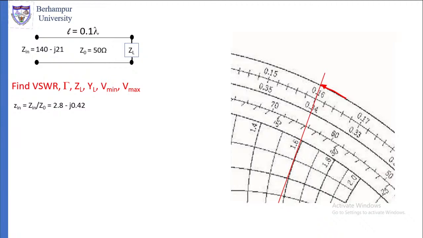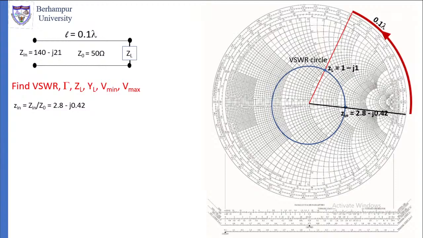So from that point, we move by an amount of 0.1 lambda, and then we draw a line from that point. Wherever we meet 0.1 lambda, from that point we draw a line to the center of the Smith chart.